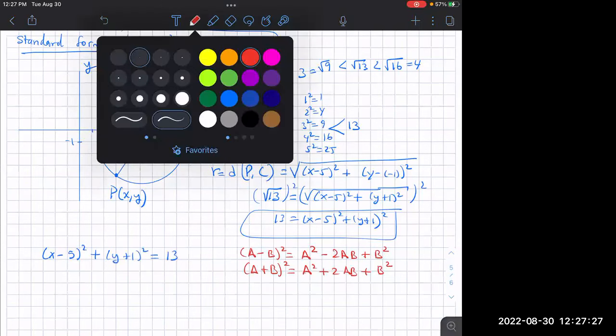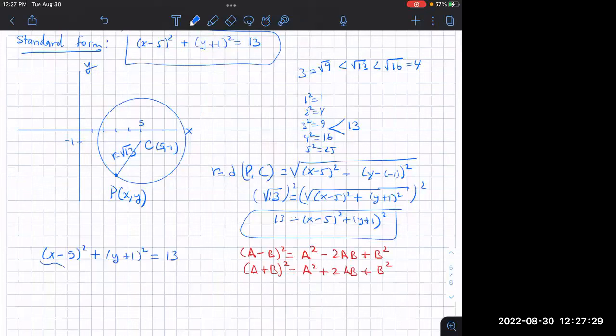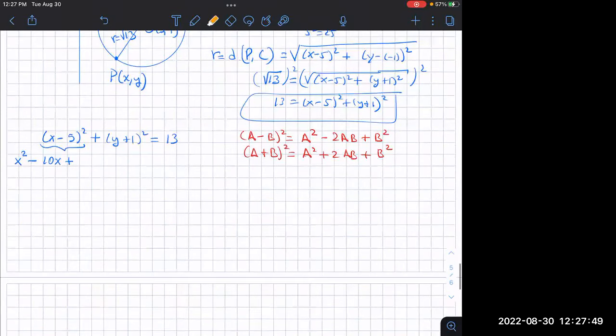If we apply that to x minus 5, we get the square of the first, x squared, minus twice the product, 2 times x times 5, which is 10x, plus the square of the second, 5 squared, which is 25.